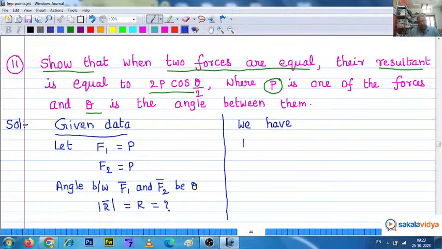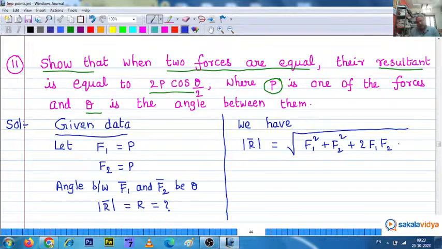This is mod r bar equals root over f1 square plus f2 square plus 2 f1 f2 cos theta. Let us substitute the respective values.